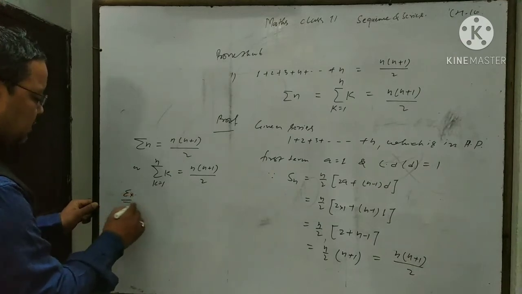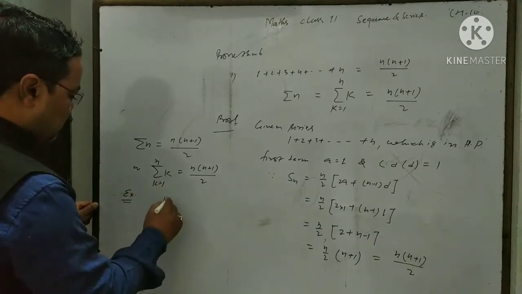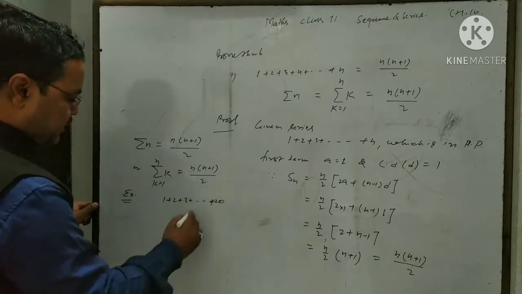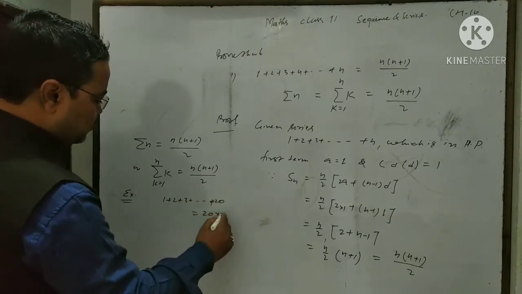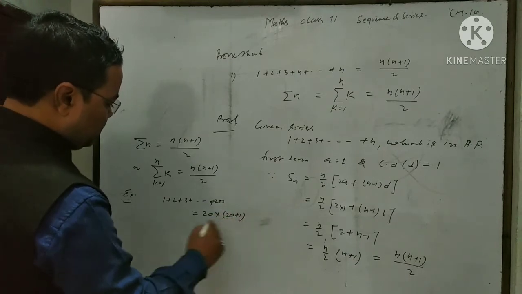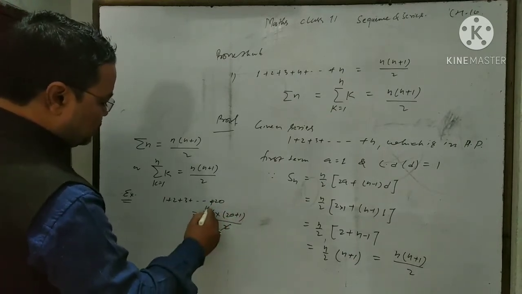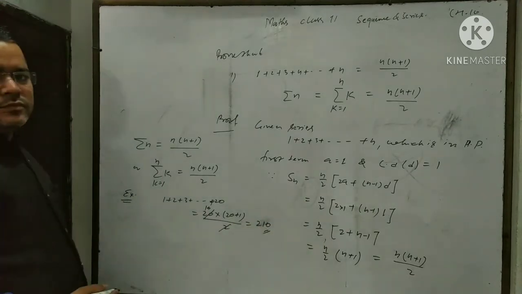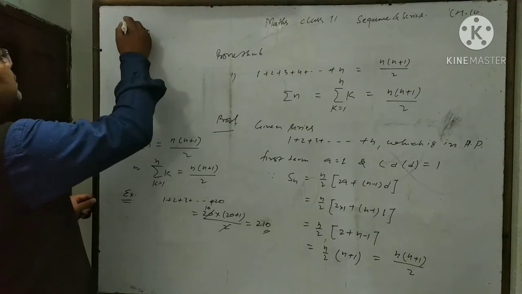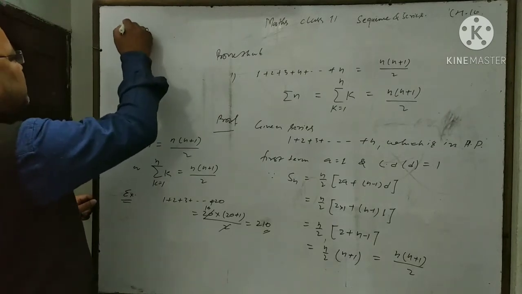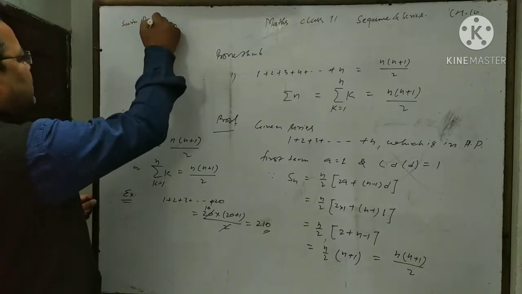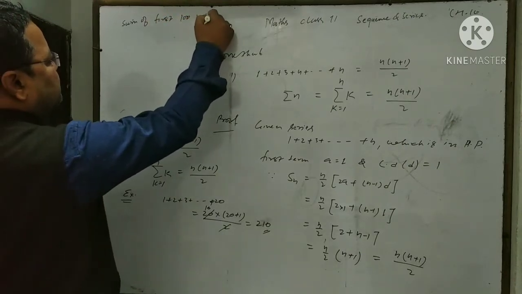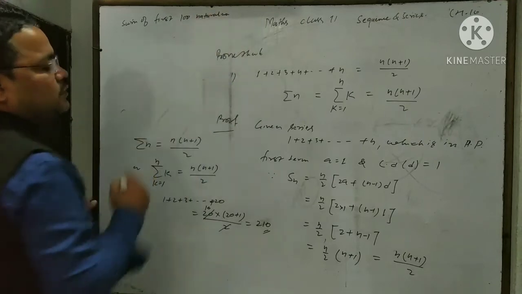Example: if we want to find the sum of 1 plus 2 plus 3 up to 20, then it will be 20 into 20 plus 1 by 2. 2 tens are 20, and here 21, so 210. Similarly, if you want to find the sum of the first 100 natural numbers, then how do we do it?